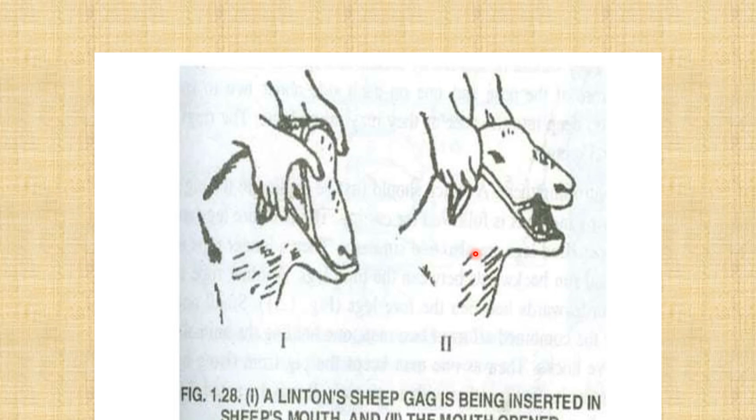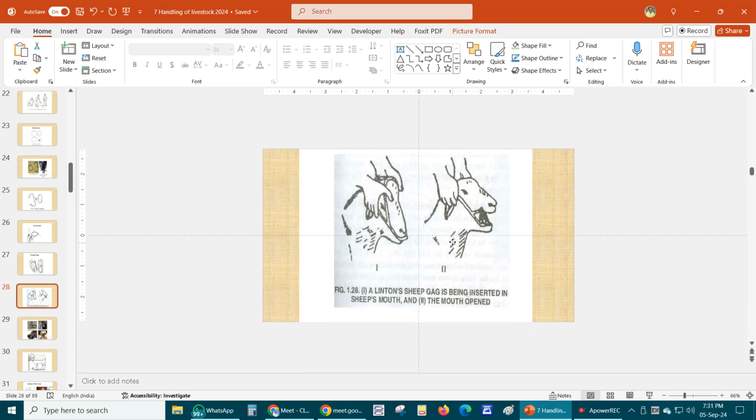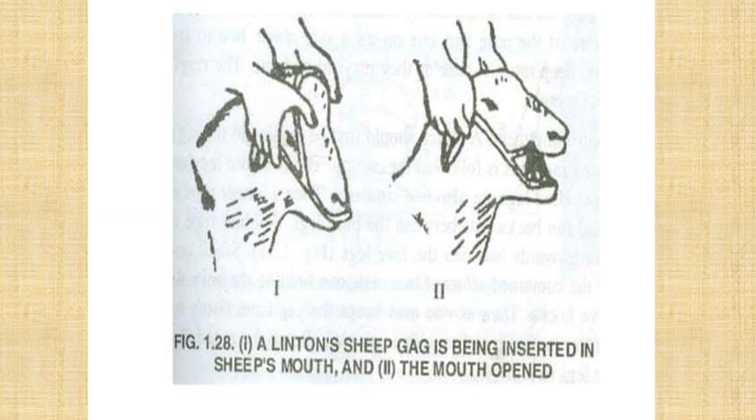So here is a photograph of a sheep, in which a sheep gag is being inserted into the sheep's mouth. These types of Lintoned sheep gags are specially designed for a sheep's mouth.